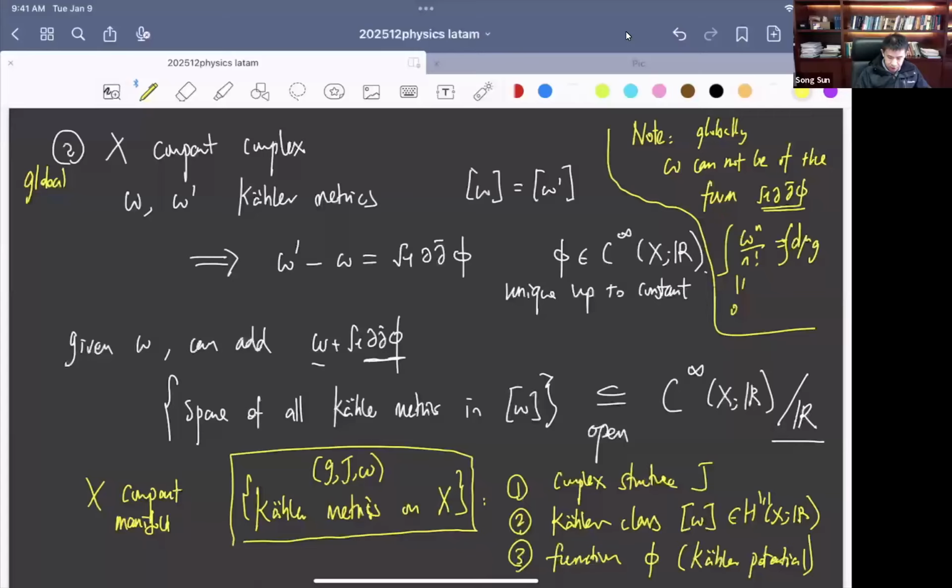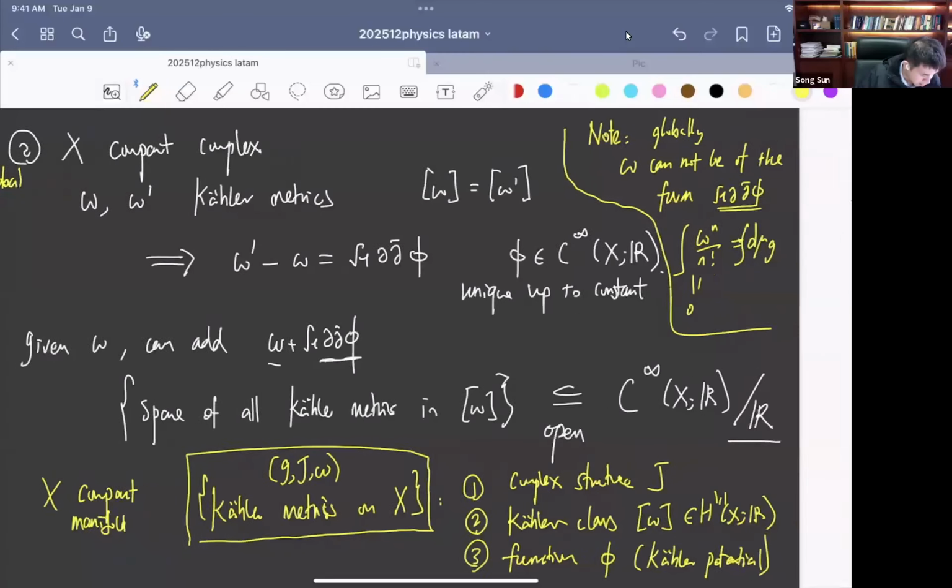And the last piece of data is an infinite dimensional thing, right? And if you want the metric to be Kähler-Einstein, you have to find some equation for this phi to be satisfied. And that's the next. So this Calabi conjecture is equivalent to solving a partial differential equation. So what's the equation, right?